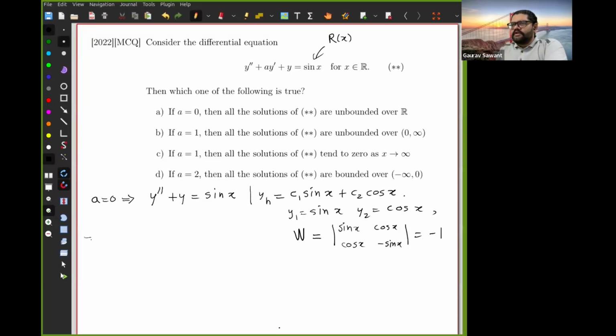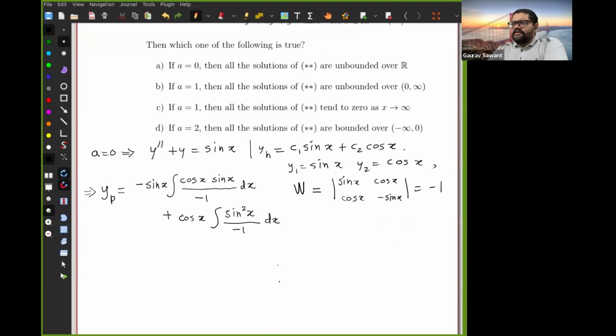And then correspondingly, y particular is going to be minus y1 integral y2 divided by W dx, plus y2 integral y1 over minus 1 dx.